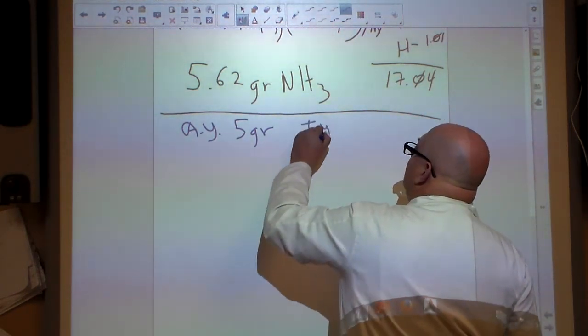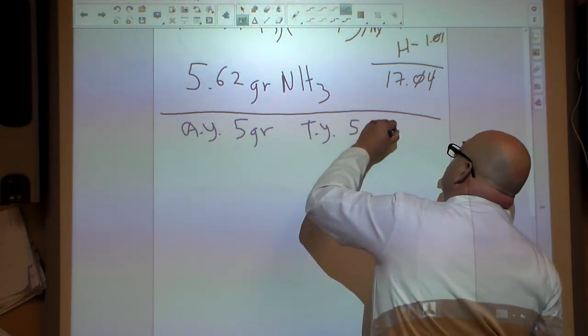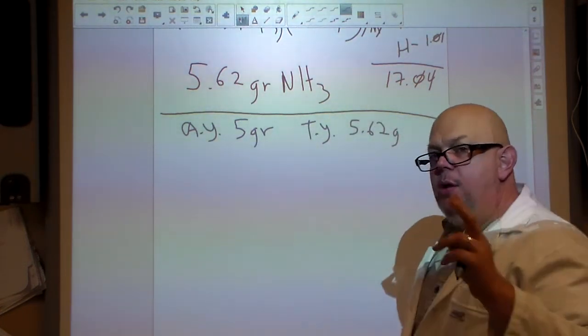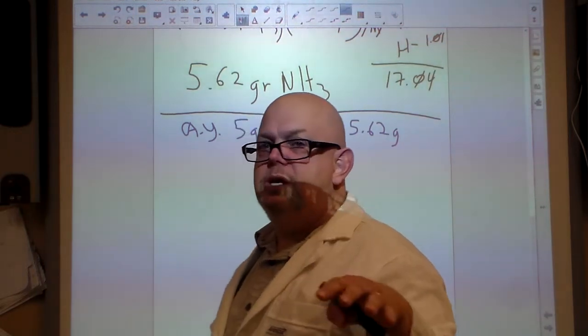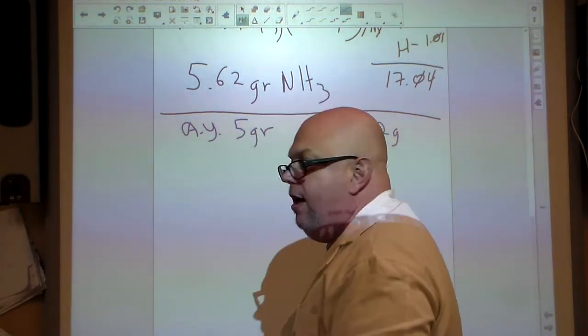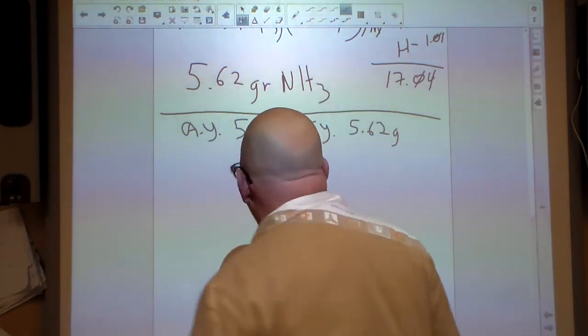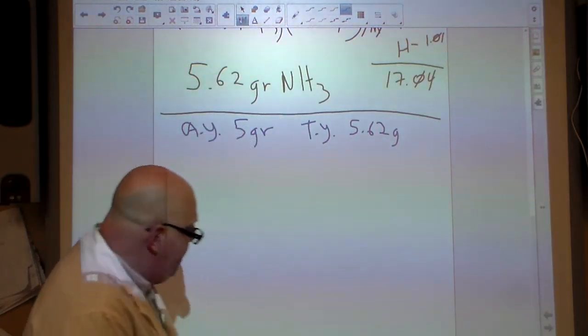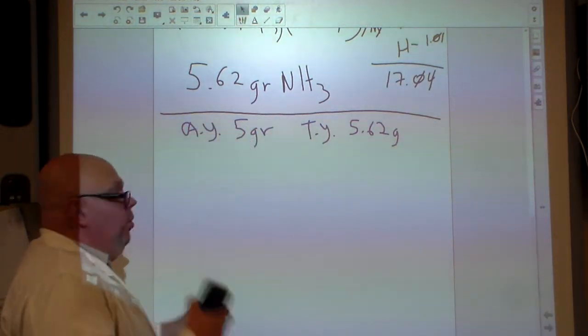Our theoretical yield is 5.62 grams. So now we have two numbers. One is what we physically got in the lab. One is what we calculated on paper. Again, what's our percent yield?